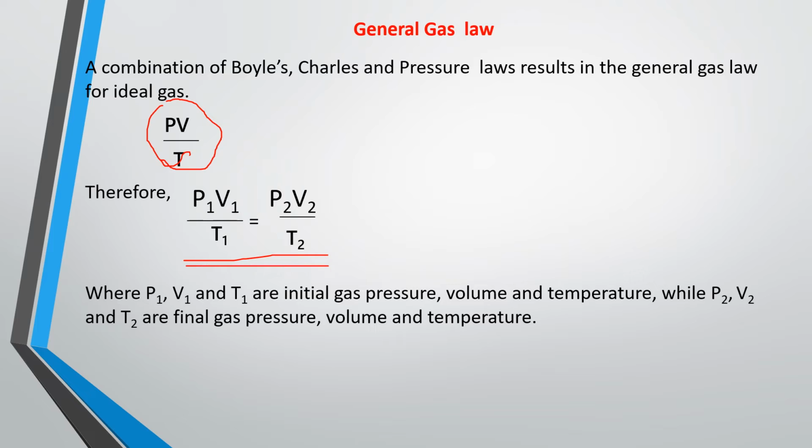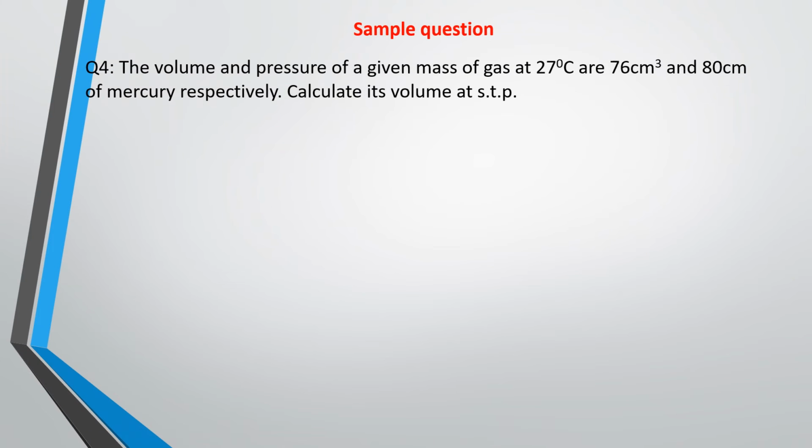So basically this is the general gas equation, and you need to take note of this. Then we want to see how you apply this general gas equation to solve some problems on gas laws, right?